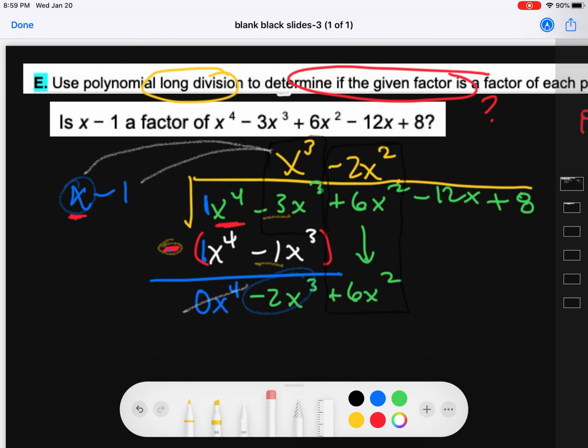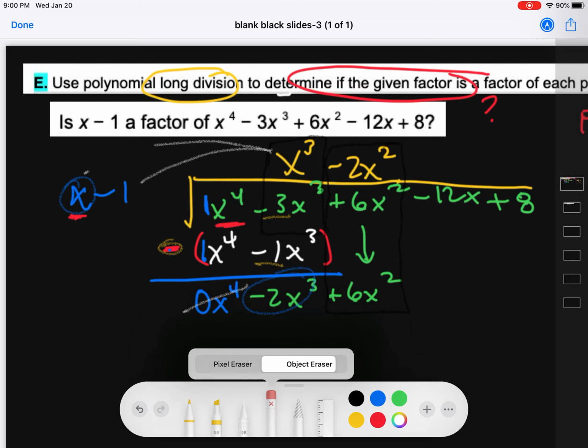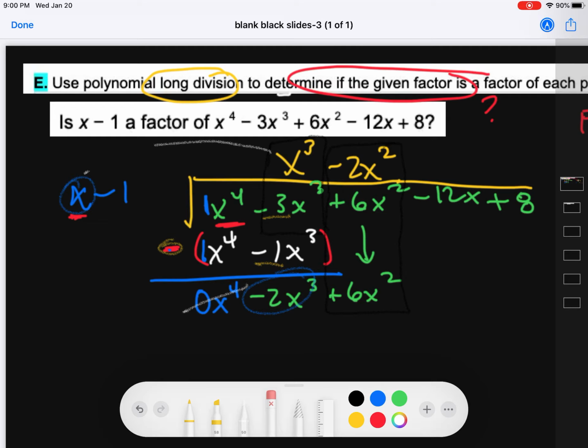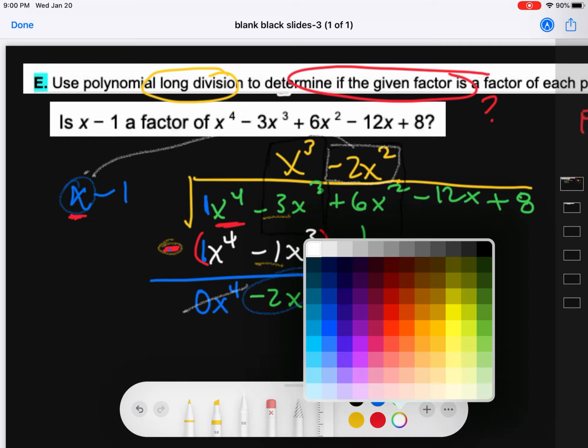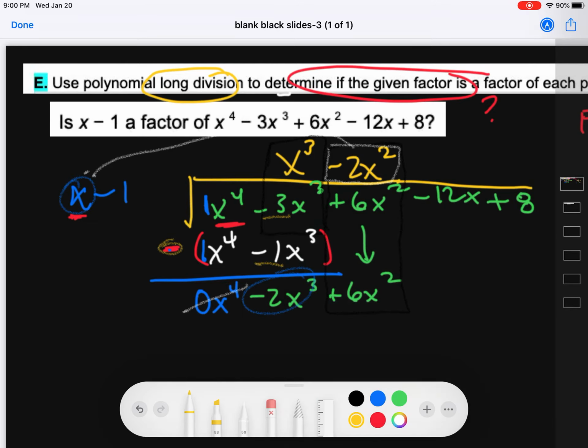All right, let's multiply. -2x squared, I'm going to erase these. I'm doing negative 2x squared times x, and when we do that, I will get negative 2x cubed.